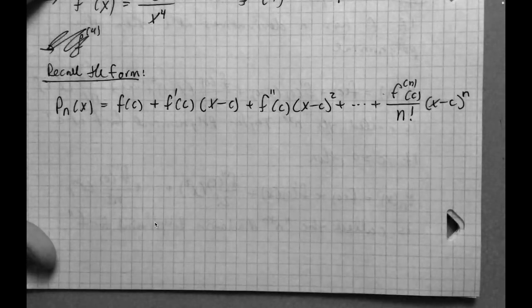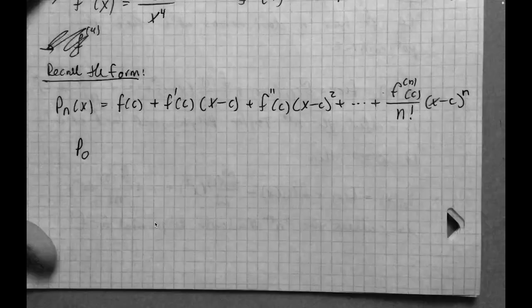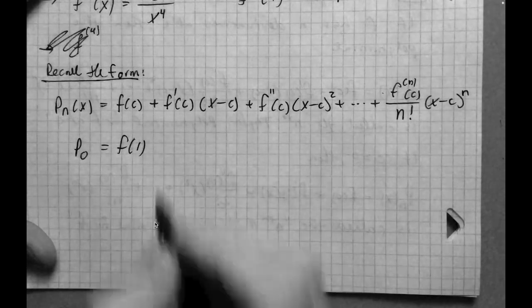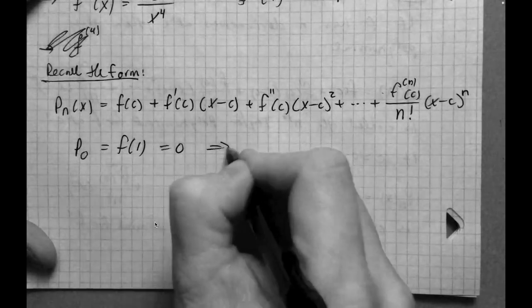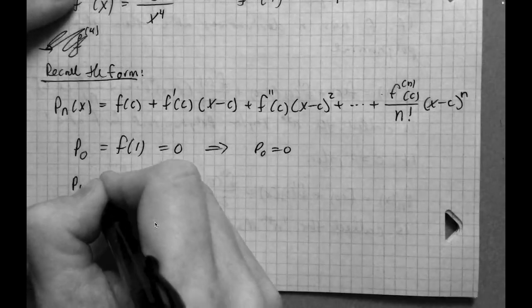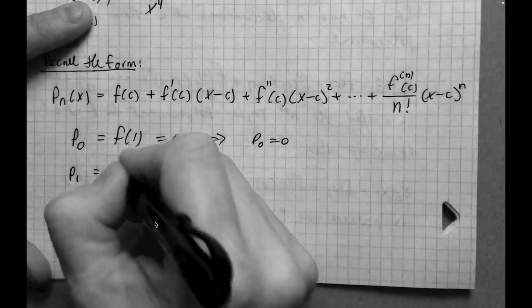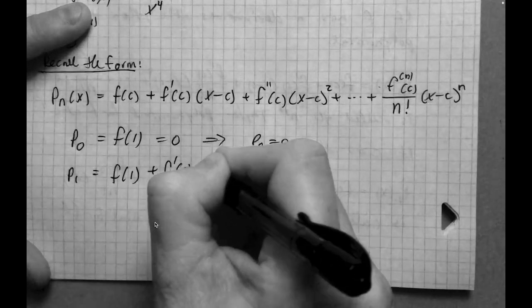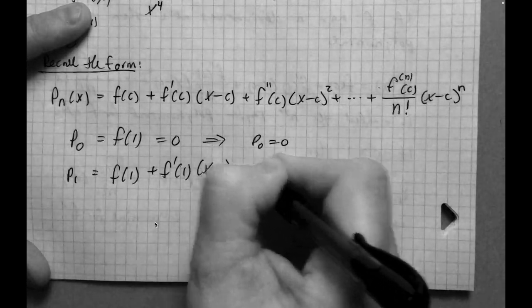So let's start with p0. So p0 is just going to be equal to f of 1, which is 0. Okay, so p0 equals 0. What about p1? p1 is equal to f of 1 plus f prime of 1 times x minus 1.